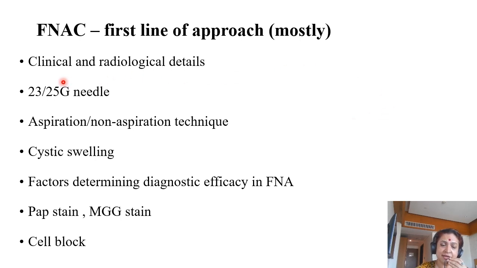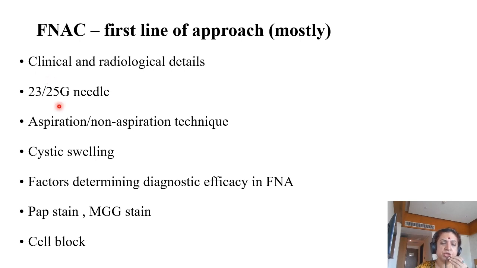Of course, like in any other scenario, we have to have clinical and radiological details with us. Most times we have to reach out to the clinicians for the details. And if luckily you are doing the FNAC yourself, try to get as much information from the patient.